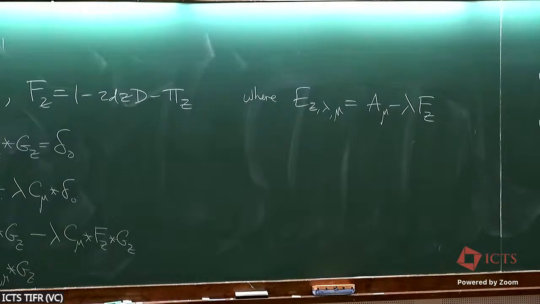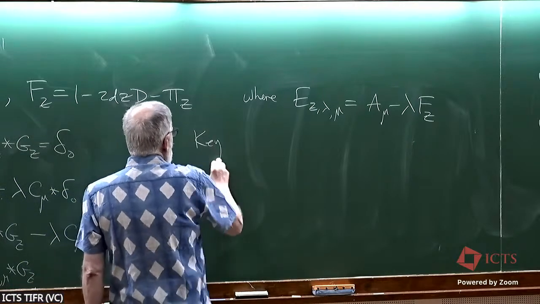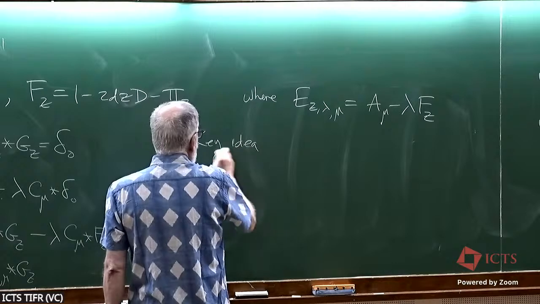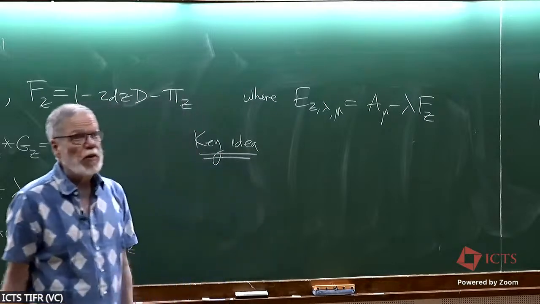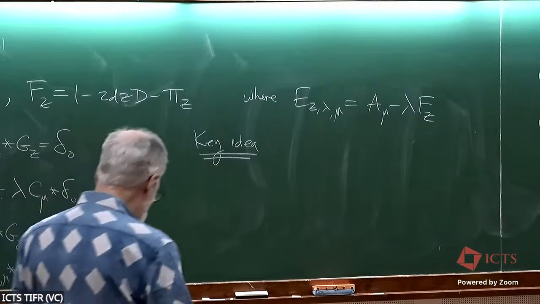And now what I want to do, and this is really a key idea, this is crucial, this point right here, is to pick the right lambda and mu. And I'm going to choose them in such a way that this E has vanishing 0th and second moments. Its first moment vanishes just by symmetry, so I don't need to consider that one.